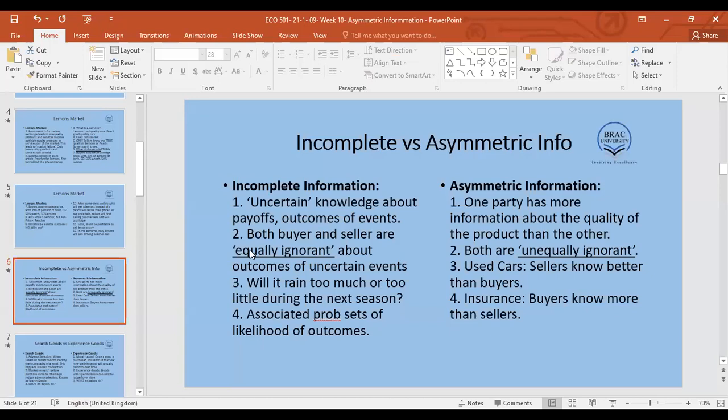No, sir. There's no way. So this type of information is known as incomplete information, where both parties are equally ignorant. The main word is both parties are equally ignorant about the random effect.